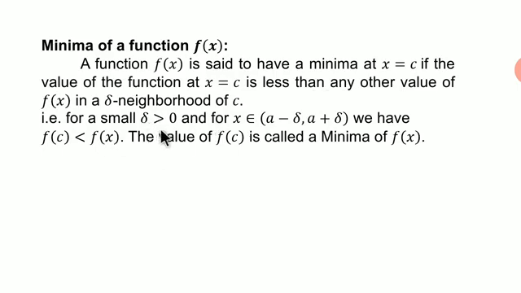That is for a small delta greater than 0 and for x belongs to open interval c minus delta to c plus delta, we have f of c is less than f of x. The value of f of c is called a minima of function f of x.